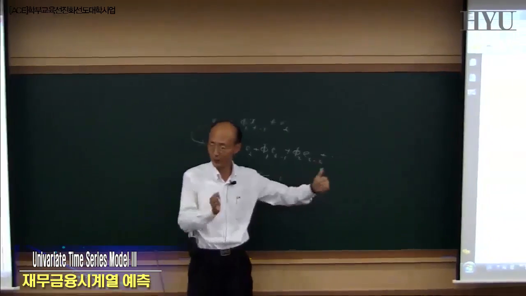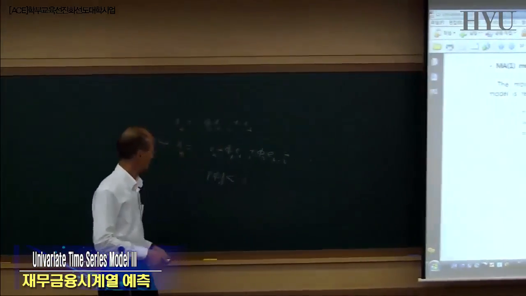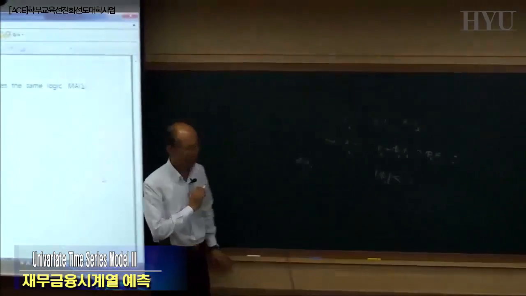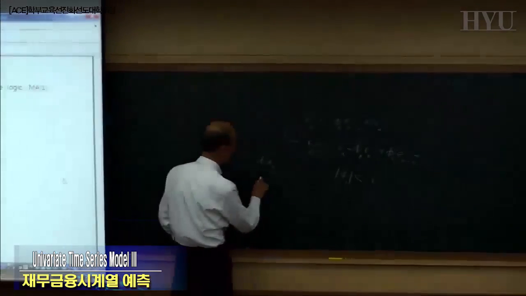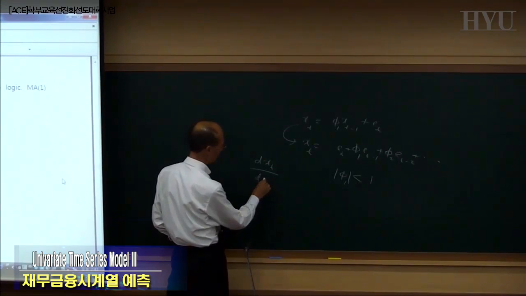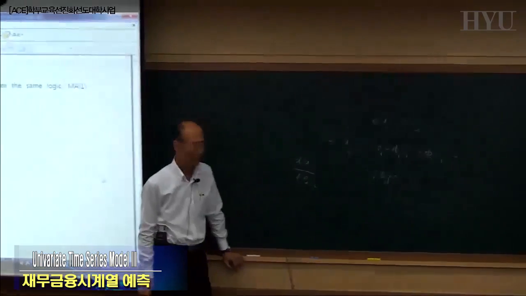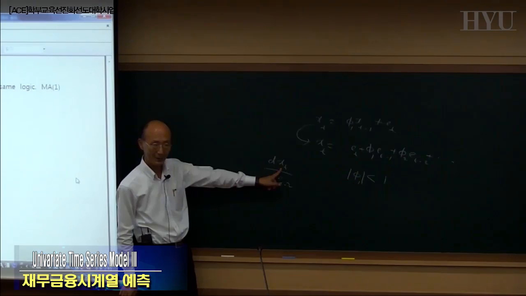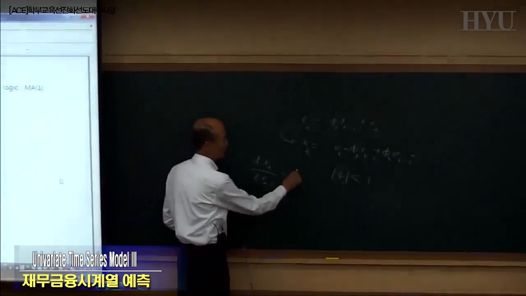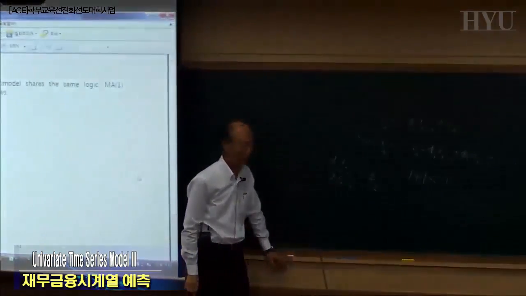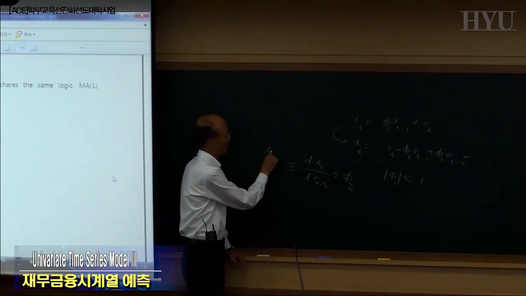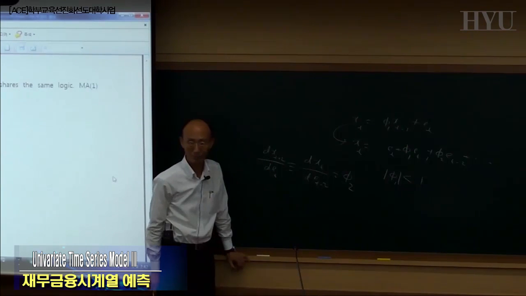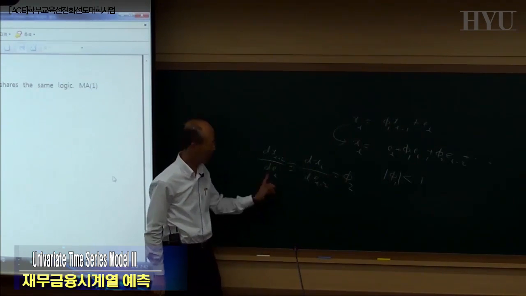So shifting the origin shouldn't matter, right? So if you calculate, let's say, using our calculus notation, what is the partial derivative of this guy? Shock at t minus 2 on t. Of course, pi 2, right? But this is same as dx_t plus 2 over d epsilon_t. Because stationarity, right?